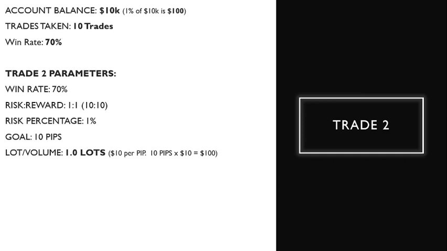So how many winners did I have in this scenario? 7 times what number? Equals 70. How many losers? Times what number? Equals 30. What's my net? 40 times what? $10 a pip, right? Which equals $400. Okay, let's go to the side by side.